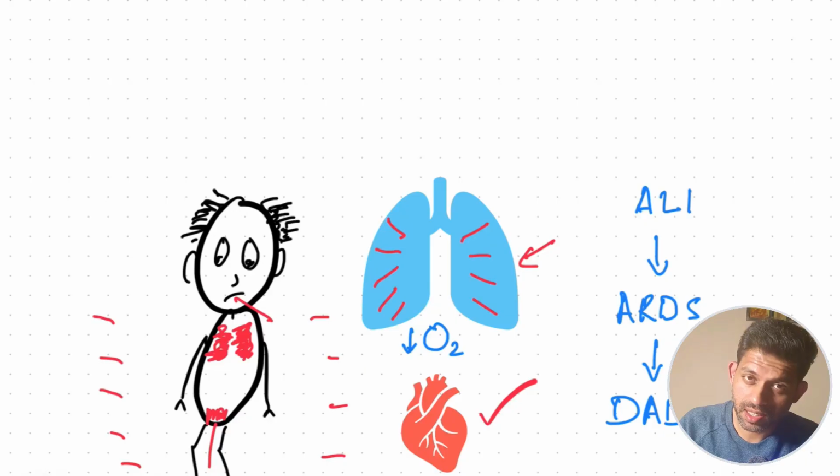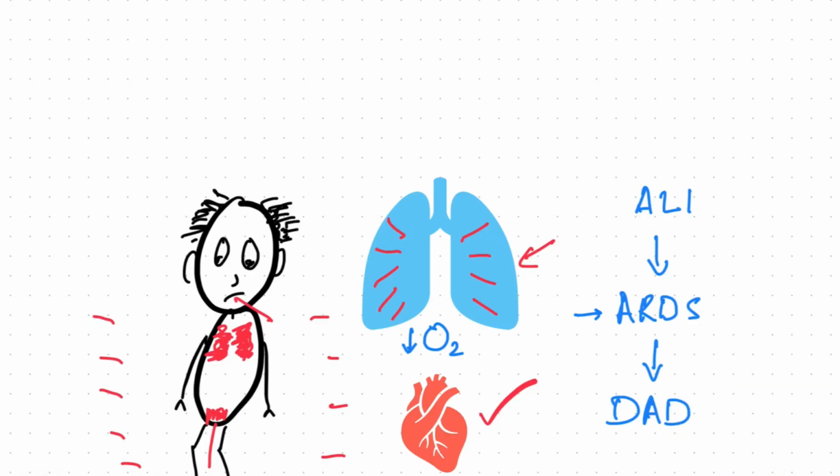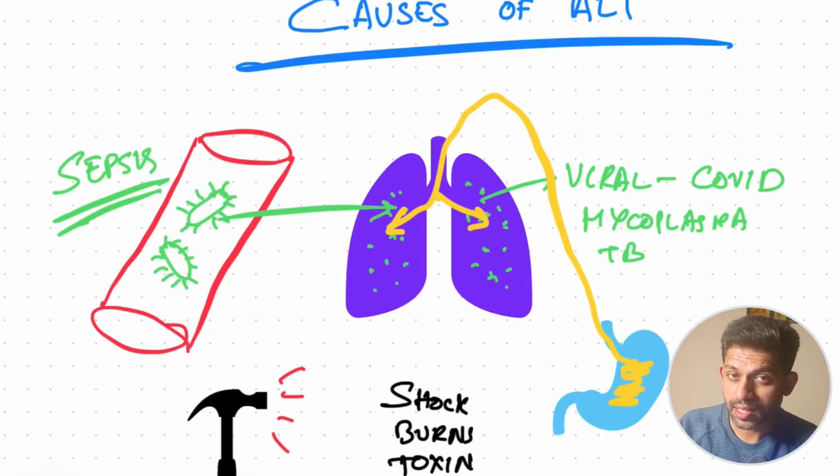Acute respiratory distress syndrome is a clinical manifestation of acute lung injury, while diffuse alveolar damage is the microscopic picture of acute lung injury. Then we saw that sepsis is the most important cause of acute lung injury, while gastric aspiration, viral infections of the lung, or severe injury or trauma can also cause acute lung injury.